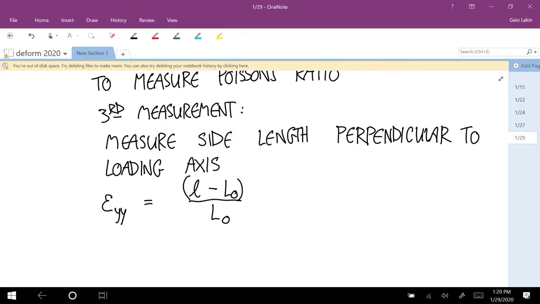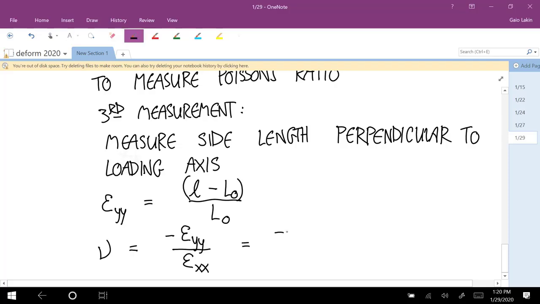And now Poisson's ratio is the negative off-axis strain, normal strain, divided by the axial strain. And you can do it in any direction, so I'm going to say it's also equal to EZZ over EXX.